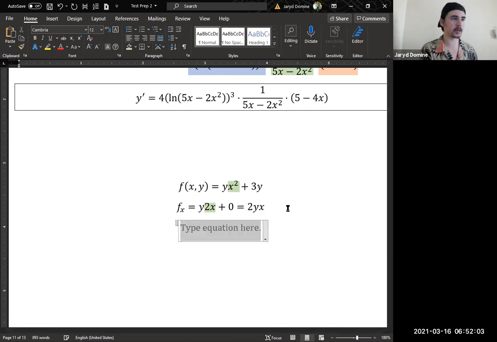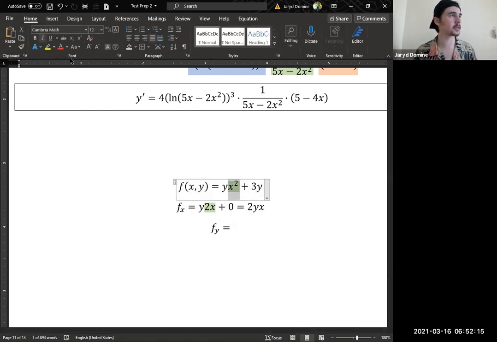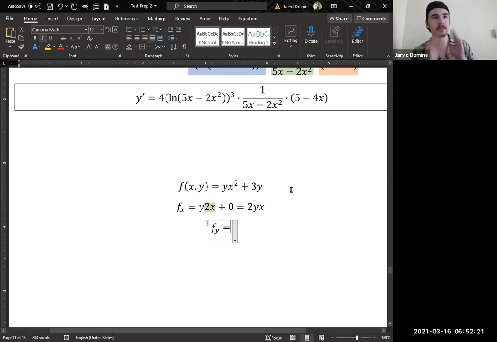If I take the partial in y, fy, I'm going to pretend this time that x is the constant. So x squared is the constant, and I'm going to take the derivative of just y. The derivative of y is 1, so I'm left with an x squared here. If I had 4y and I took the derivative, I'd just end up with 4.